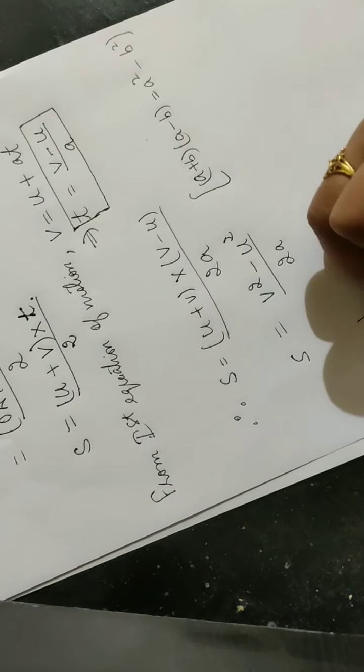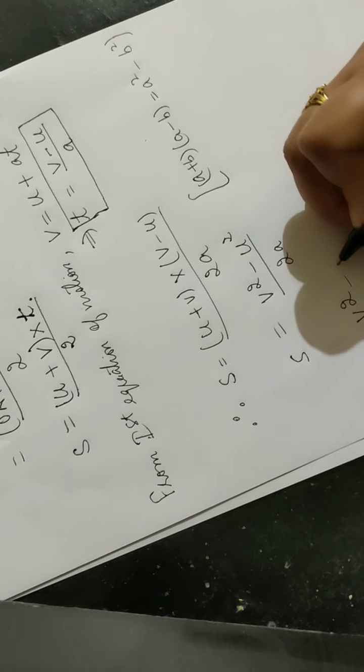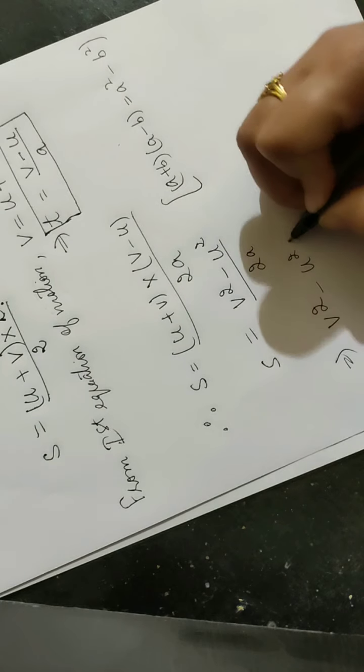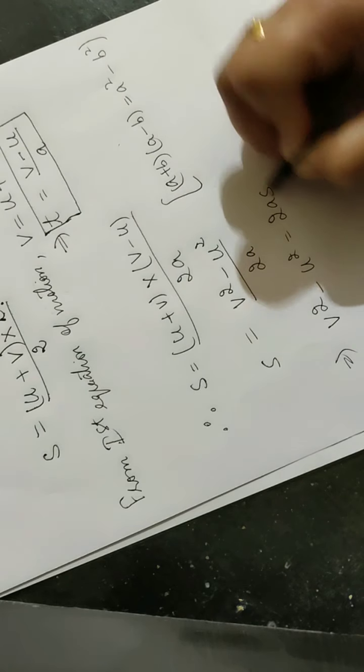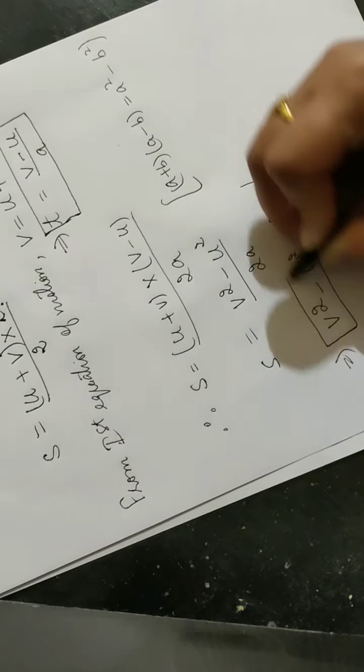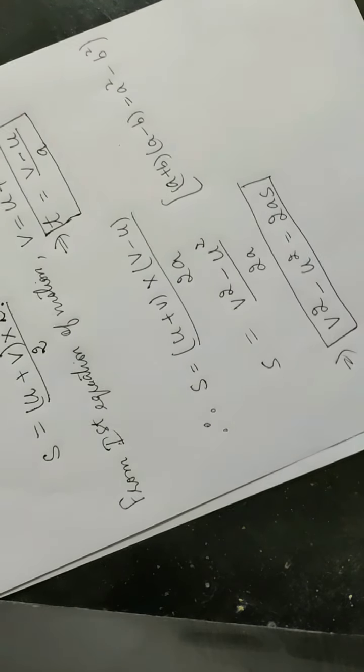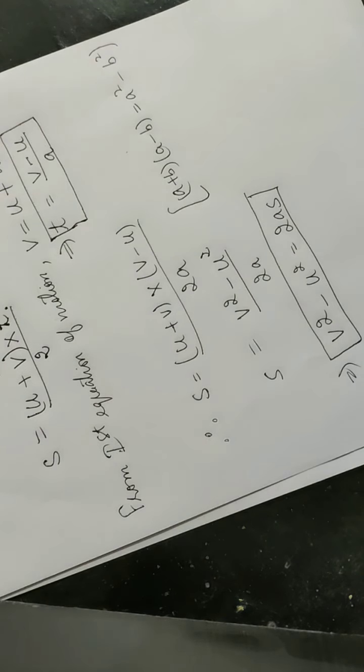Therefore, we can rearrange it as V square minus U square is equal to 2AS. This is the third equation of motion, which represents the velocity and position relationship.